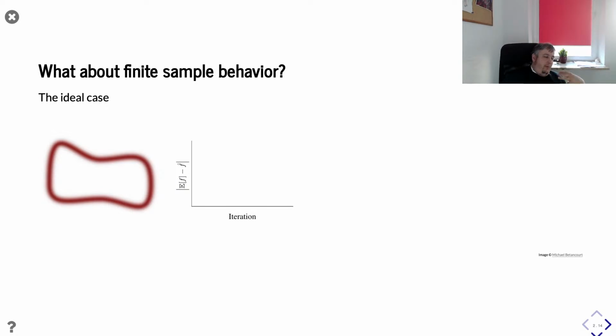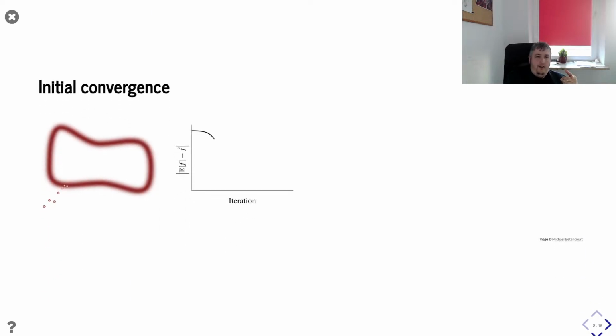But because we are generating samples, we'll never have an infinite number of samples. We have a finite number of samples. So in the ideal case, first we will reach the typical set. Then we will explore it, approaching the value of interest, and by moving around the typical set, we'll get samples that are close to the asymptotic result.